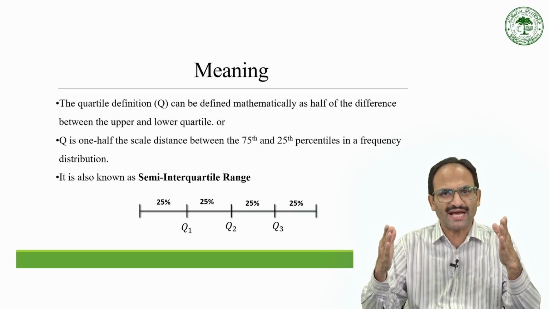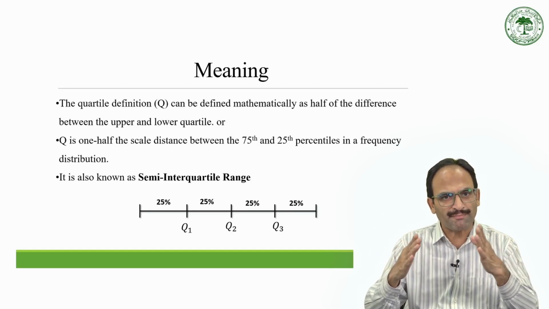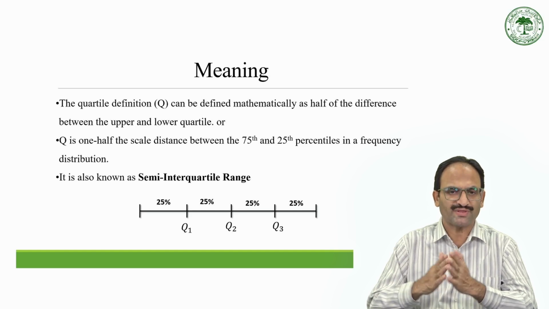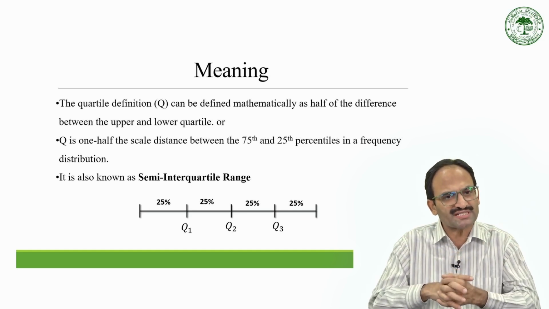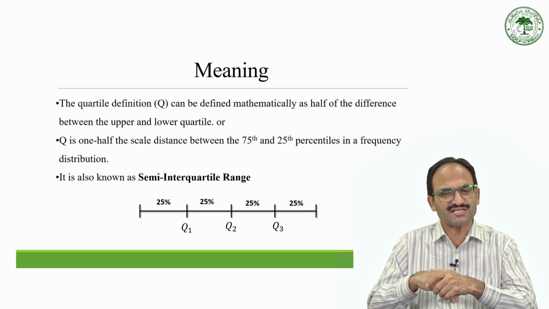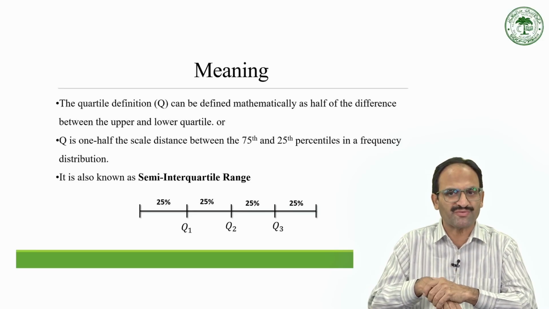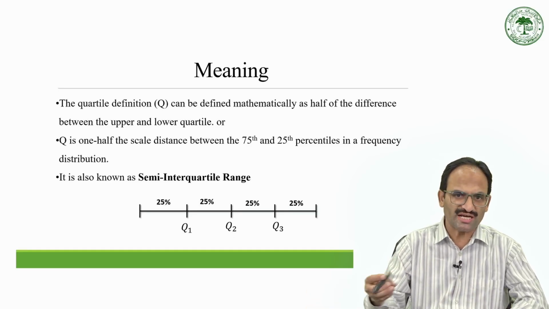may be defined mathematically as half of the difference between the upper and lower quartile. This may be elaborated further in the second point of the slide. Q is one half the scale distance between the 75th and 25th percentile in a frequency distribution. Just see the graph.